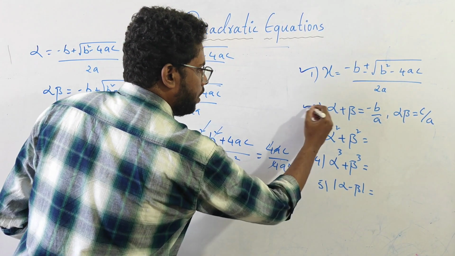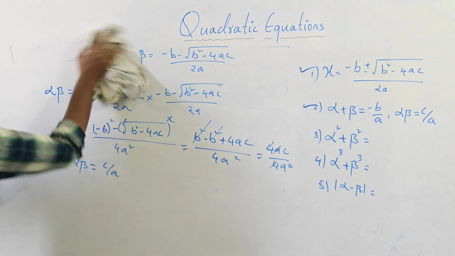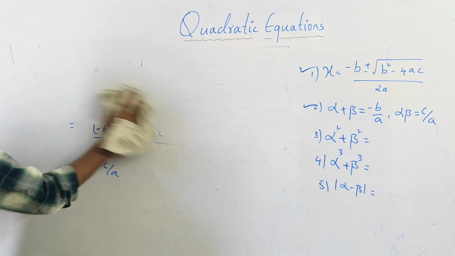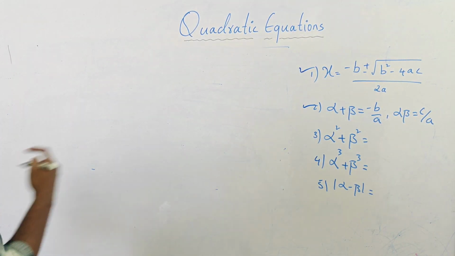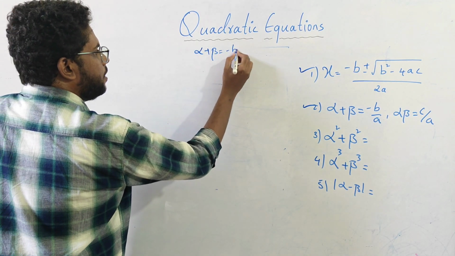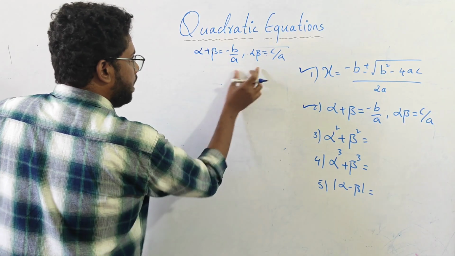Now let us move to the third part, how to find alpha square plus beta square. Let us see here. It is also very important for solving JEE problems. You should remember the value of alpha square plus beta square. So already we got alpha plus beta as minus b by a, alpha beta as c by a. Now using this I'll find this.